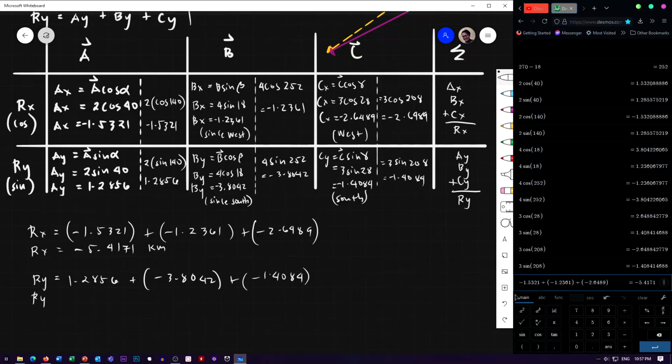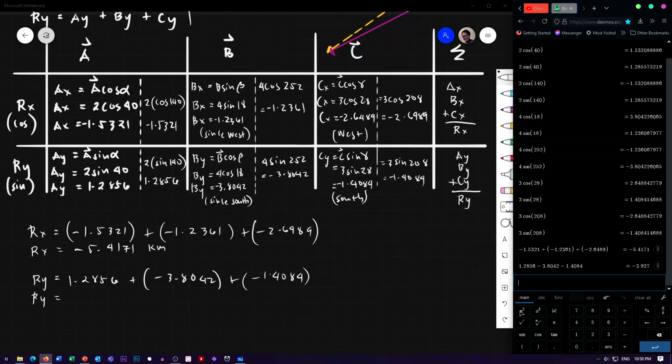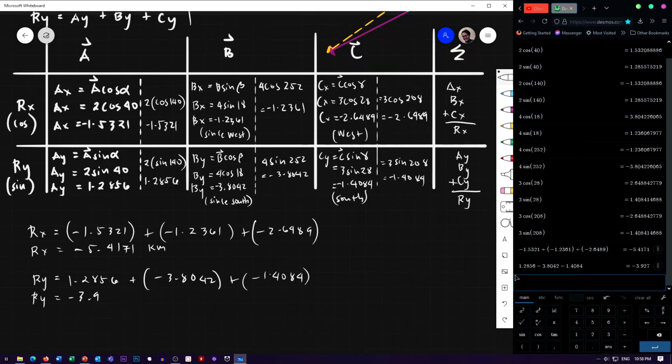Then our answer here will be, let's find that. 1.2856, I'm just going to use minus, 3.8042 minus 1.4084. There. Let's double check. Our answer is negative 3.927 kilometers.